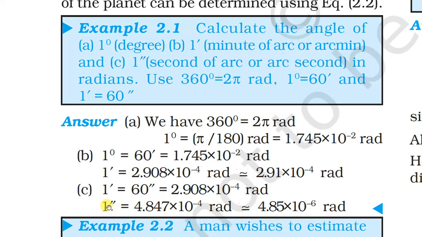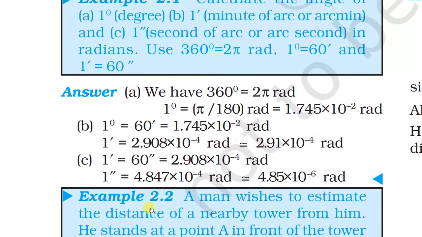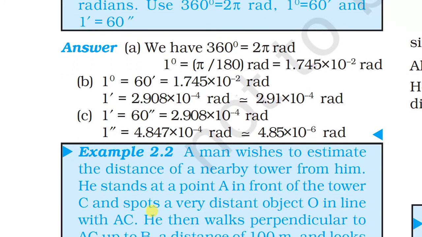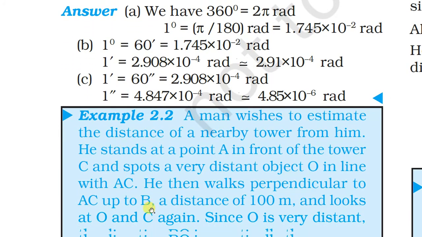To get the value of 1 second, we divide by 60. It gives us 4.847 into 10 raised to minus 6 radian, approximately 4.85 into 10 raised to minus 6 radian. Understood or not? If you have understood, then we will discuss another example.